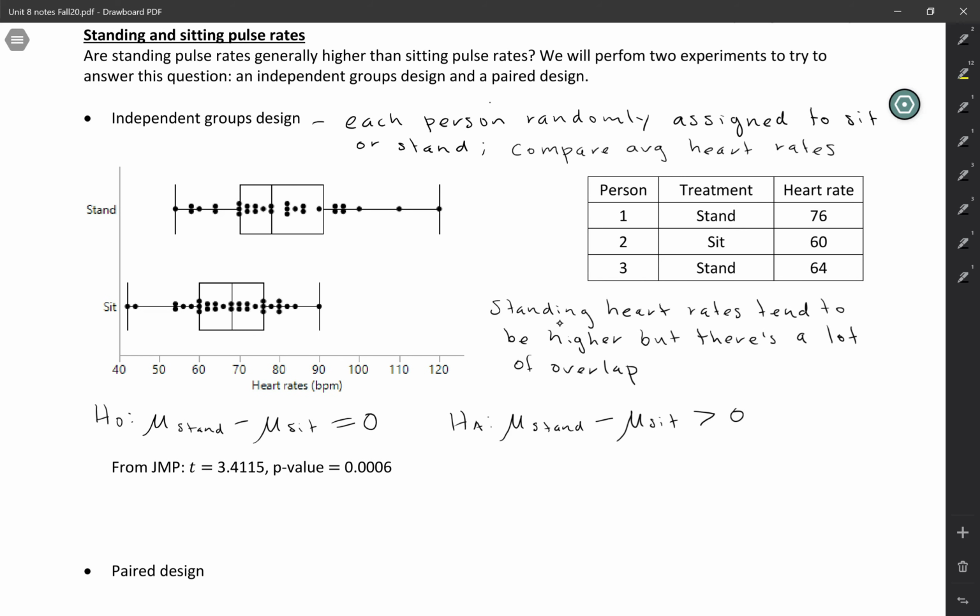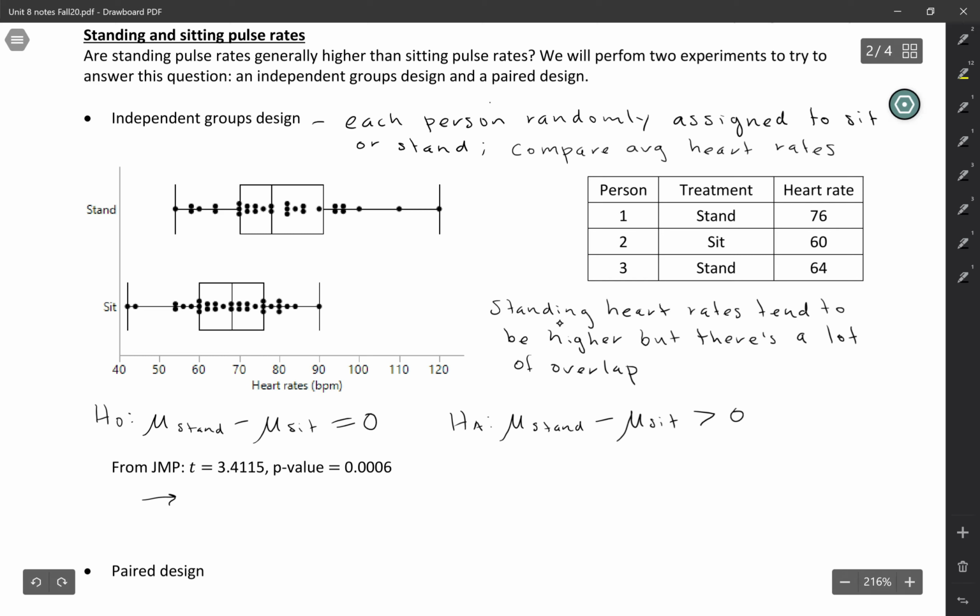So I analyzed this data in JMP. I'll show you how to do that in a later video, but for now we can just interpret the values that are here. We have a t-statistic of 3.4, that's pretty large, and a p-value of 0.0006. That's smaller than most of the alpha levels that we would usually see.